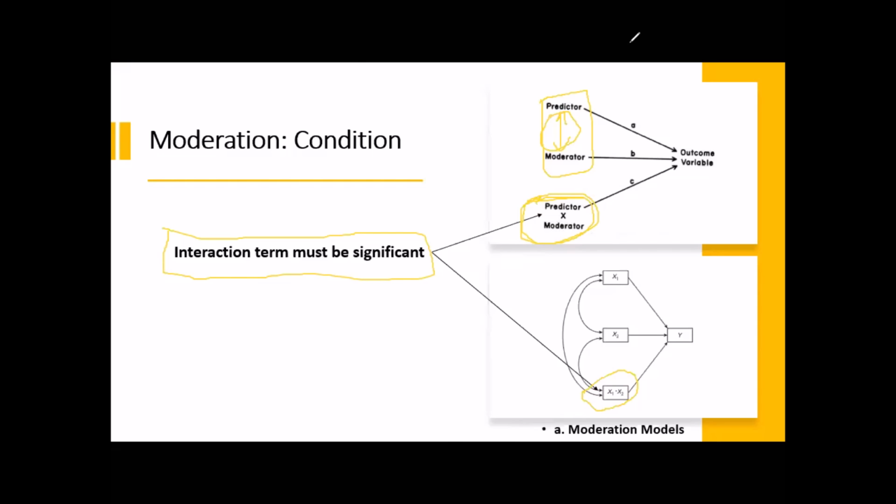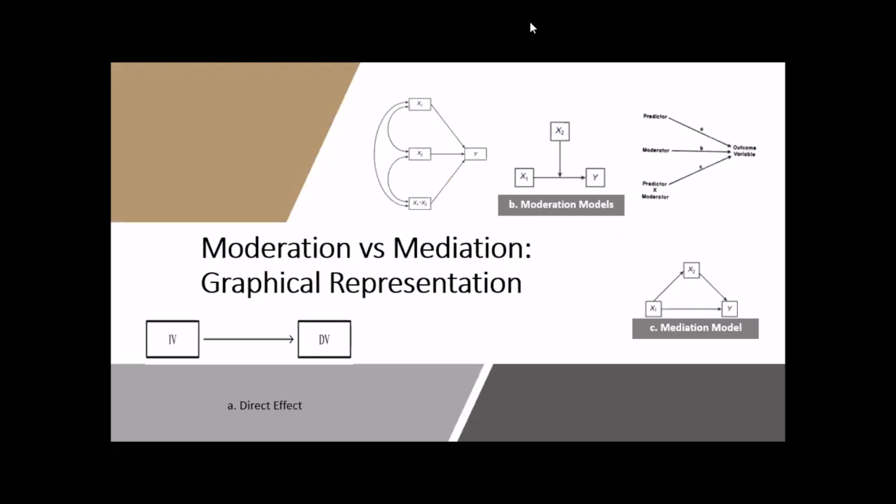Just like here, you can see in this specific mediation model drawn here, that mediator and the predictor both are related with each other. But in case of moderation, we don't see any significant relationship between them. This relationship should not be significant.